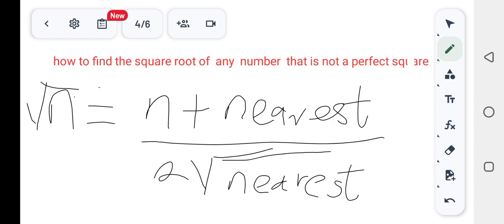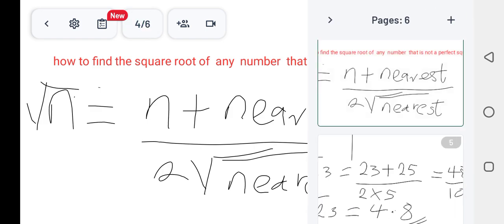This is the formula that you can use to find the square root of any number that is not a perfect square. Very simple and short. So let's take an example.